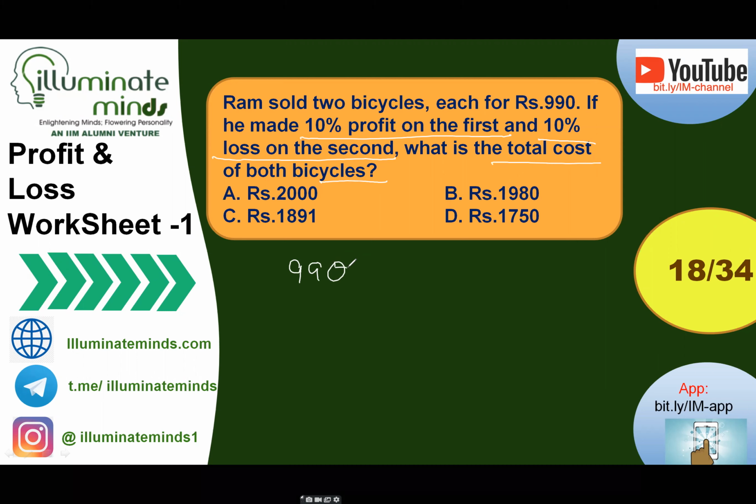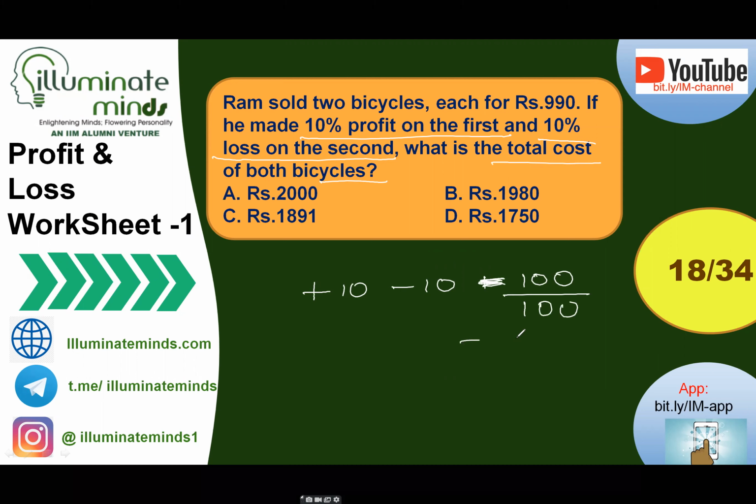The other way of calculating it could be with the help of the options, and there's a direct formula. If I need to find 10% plus 10%, so just a second. 10% plus 10%, minus 10% plus minus 10%, will give me minus 100 by 100.